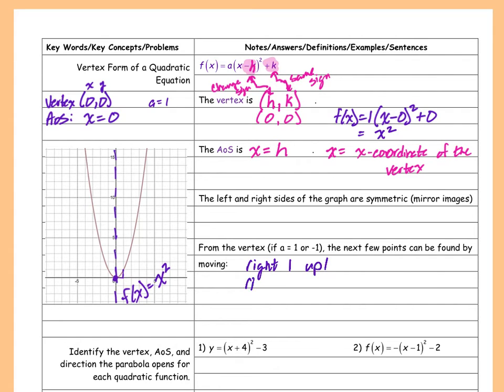And then the second one would be right 2, up 4. I'm just going to square this number. And then right 3, up 9. And if I went right 4, how far up would I go? Can someone tell me what the next number would be following the pattern?